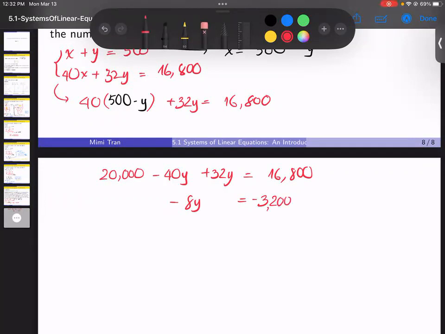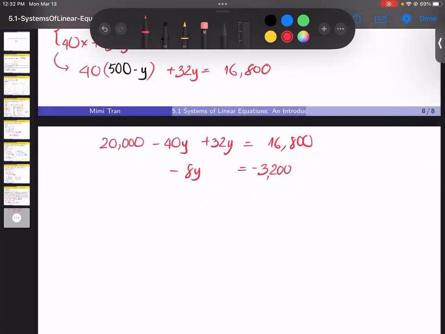Divide both sides by negative 8, Y is 400 acres. This is wheat, so acres of wheat.